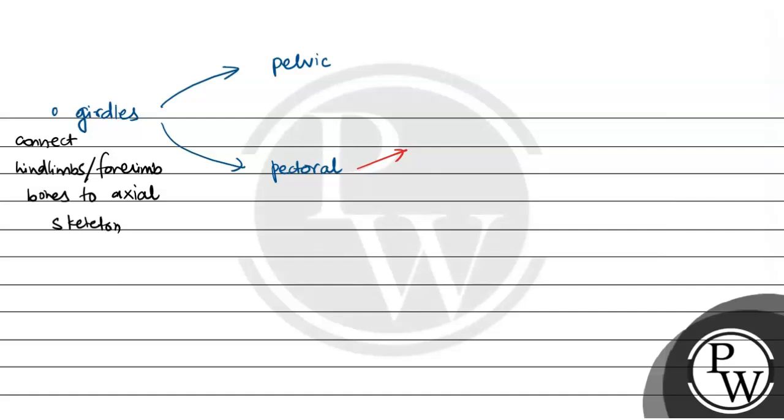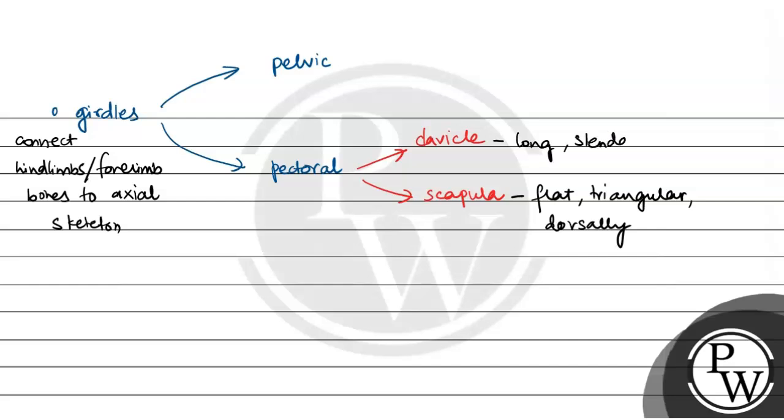Half of the pectoral girdle further consists of clavicle and the scapula. Triangular in structure and present dorsally. Clavicle is a long, slender bone with two curvatures.